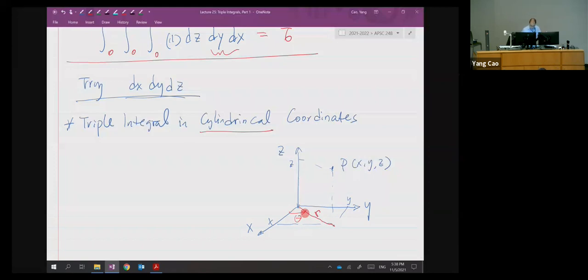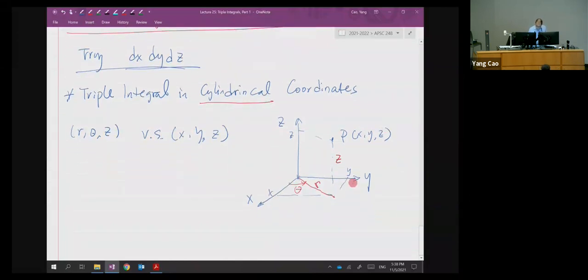And then you're not changing, you still use the Z. So this time we use R, theta, Z. We use these 3 variables to describe the point P location, okay? So this is basically R, theta, Z versus this X, Y, Z. Cartesian, cylindrical. Okay. This is cylindrical, this is Cartesian.